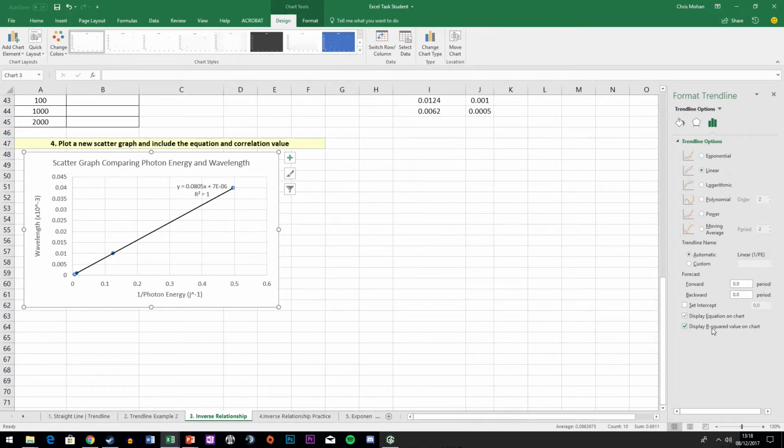You will see that our correlation is exactly 1, or that each of these points lie exactly on the line. Now, I can't promise that even if this was experimental data, that this will always happen, because depending on the experiment, things can get in the way, but you should see a strong correlation. If you've been told that the relationship was inverse, then you should see this kind of example.